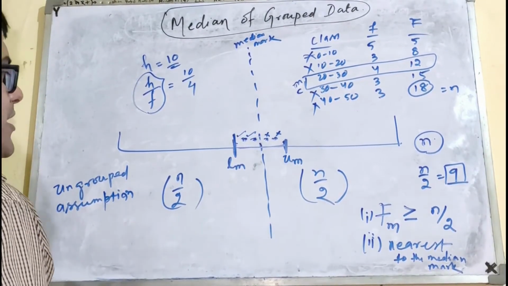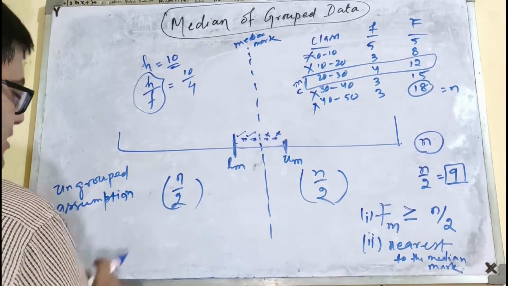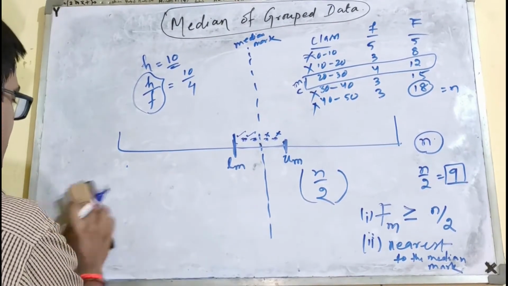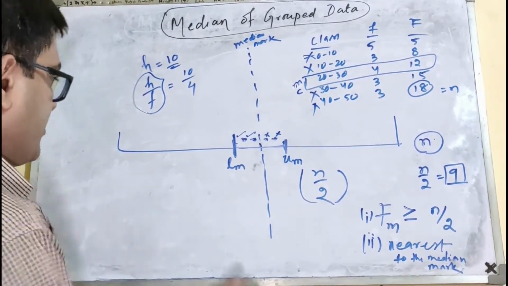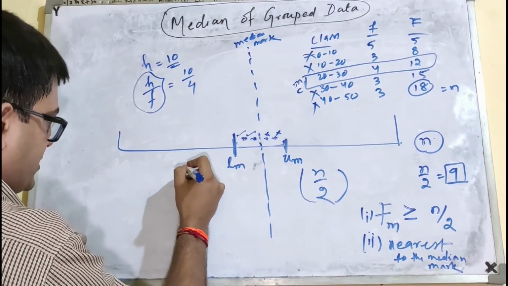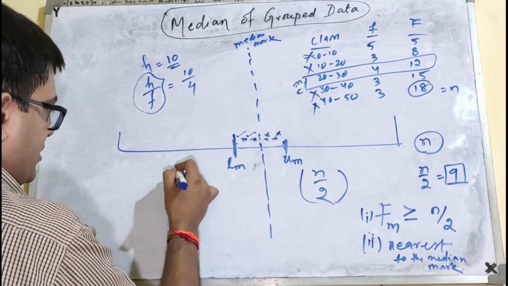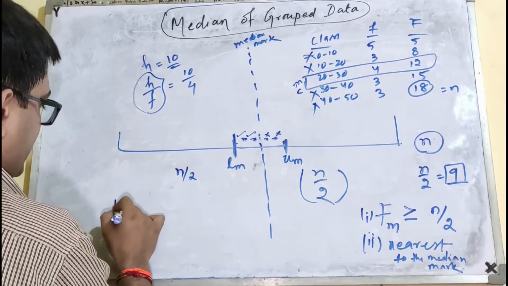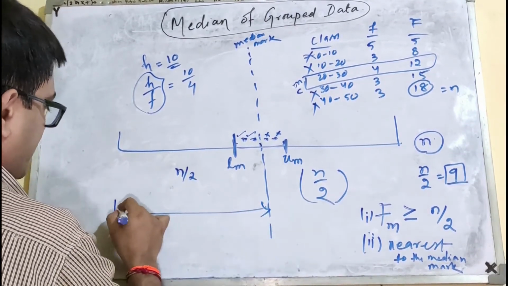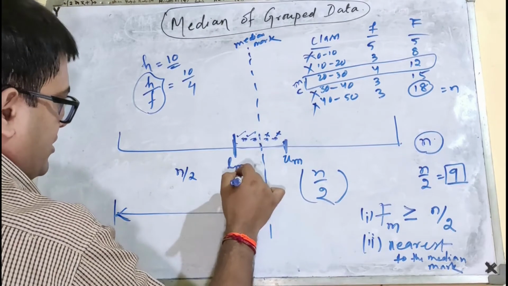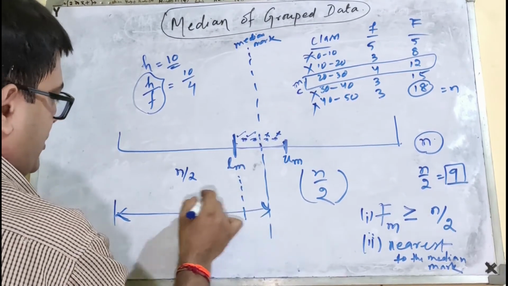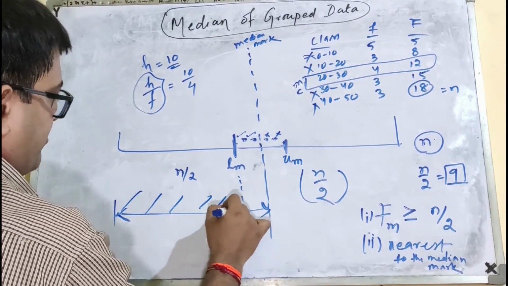For that, what we have to do, let us just show it once again here, we know that the total number of data points below the median mark is n by 2. So this is what we have, but we do not need this particular part.